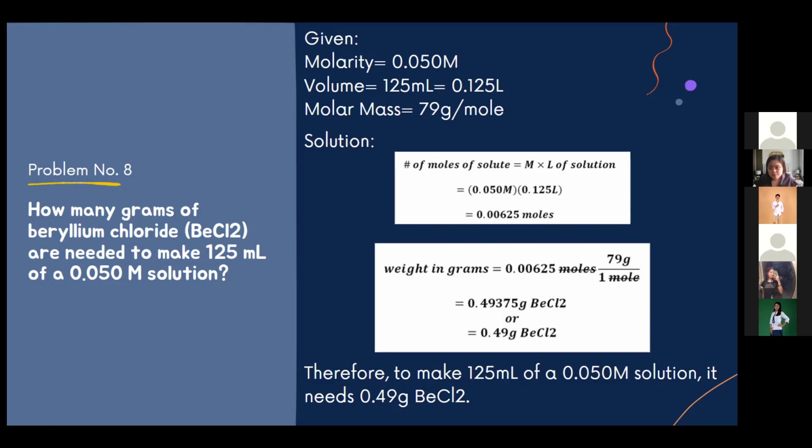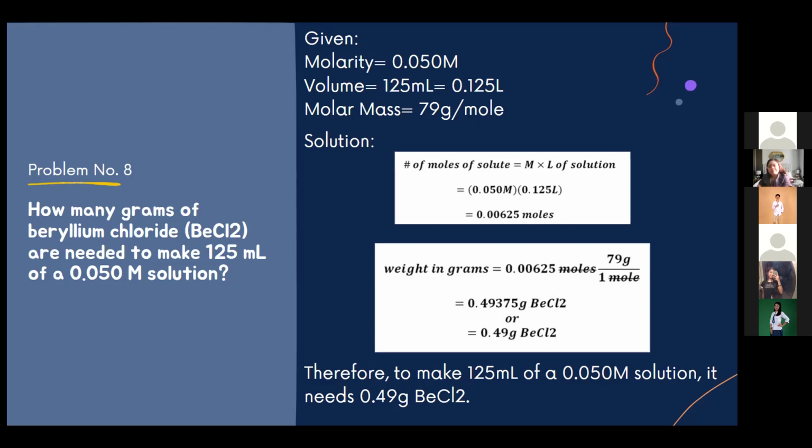So 0.050 molar times 0.125 liters galing sa 125 ml solution. Ang answer is 0.00625 moles. So, kay meron na tayong moles, pwede na natin isolve ang grams of solute or weight, gamit ang moles na formula.